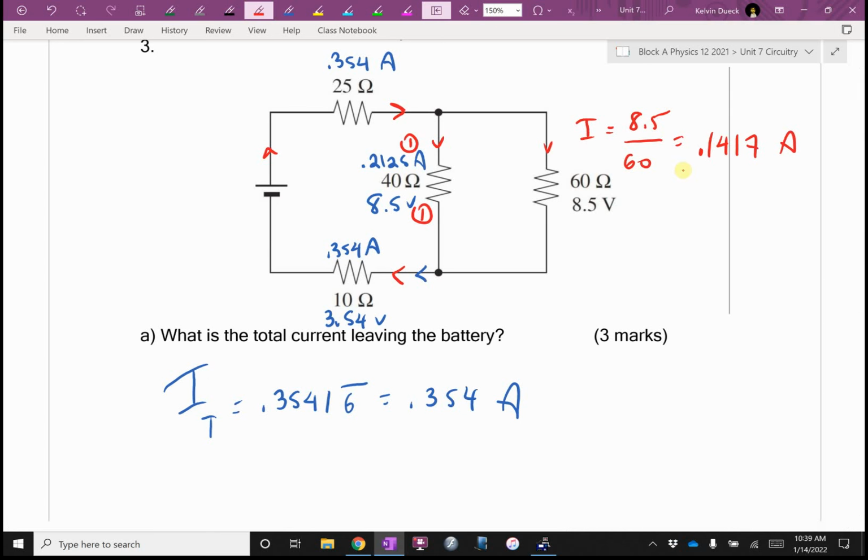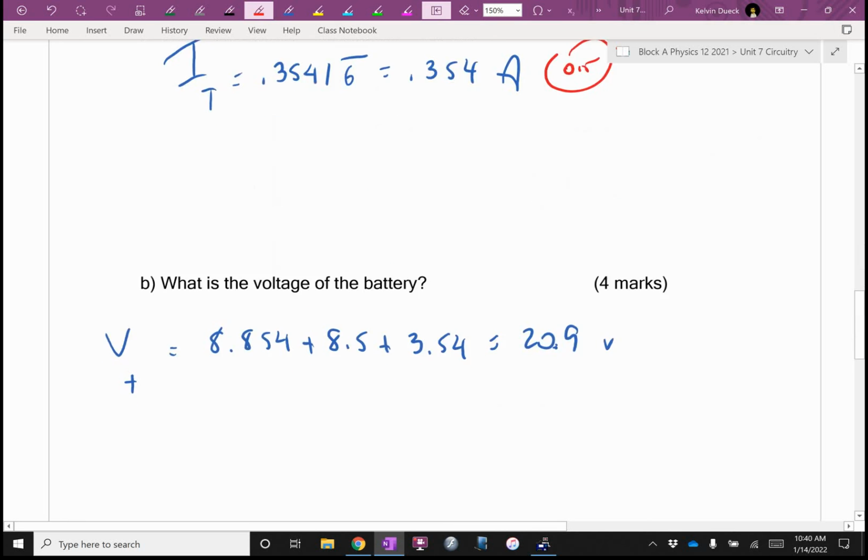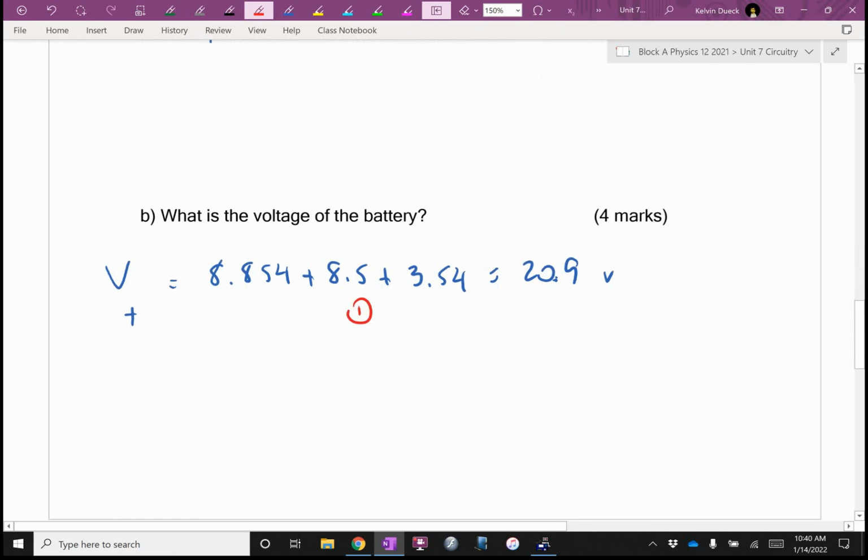I would probably give you a half mark for that, and then a half mark for the answer, something like that. For part B, for 4 marks, I would give you definitely 1 mark if I saw that voltage, 1 mark if I saw that voltage. I would give you 1 mark if I saw that you had realized you needed to add those 3, and 1 mark for the answer.